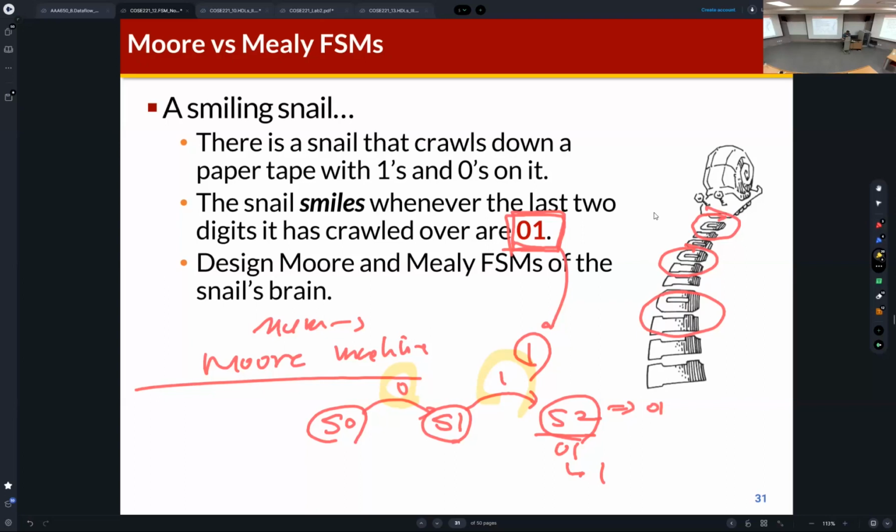But if we just consider the Mealy machines, the Mealy FSM, we can define the Mealy FSM more easily. Why?